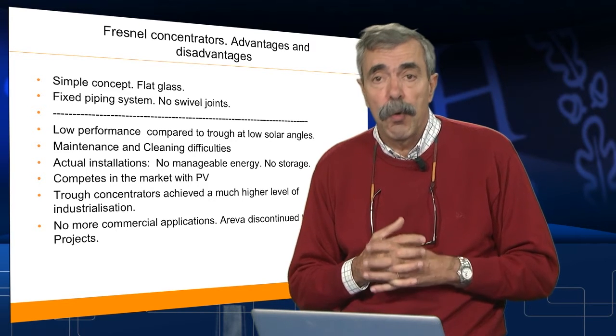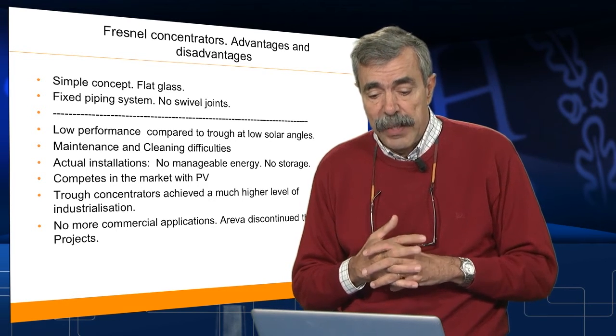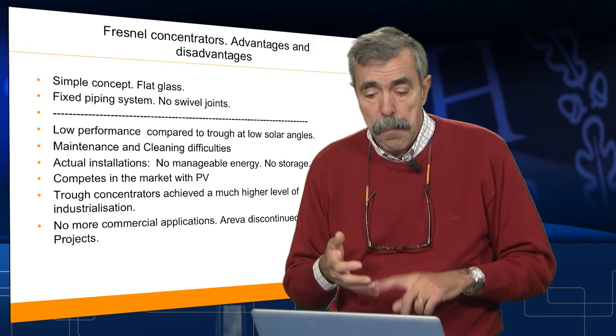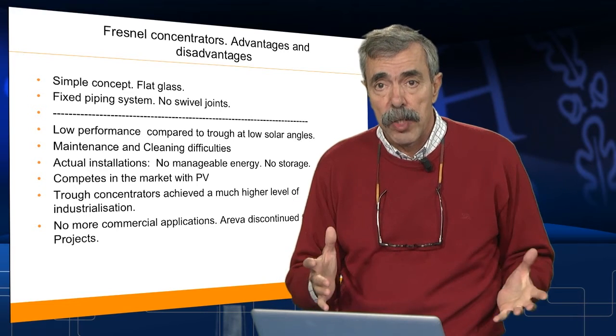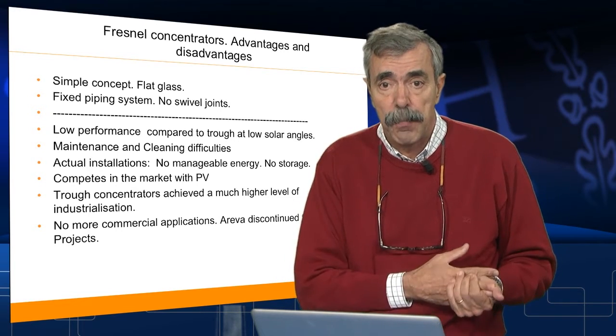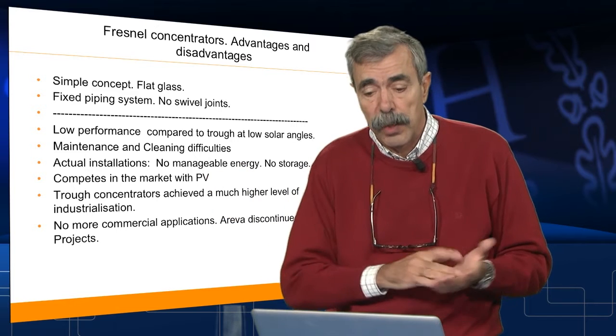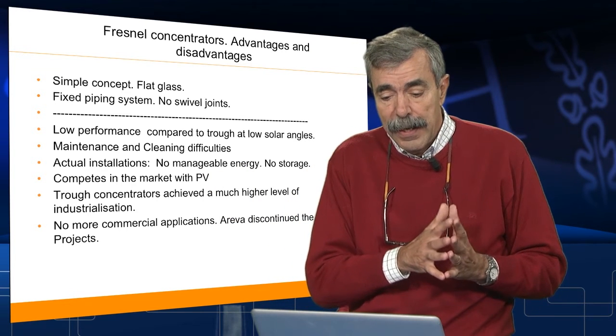However, the problem is that the actual installation, the maintenance and the cleaning is far more difficult compared to the parabolic trough, which has already developed automatic systems for cleaning the parabolas.